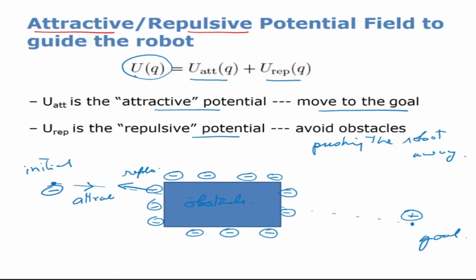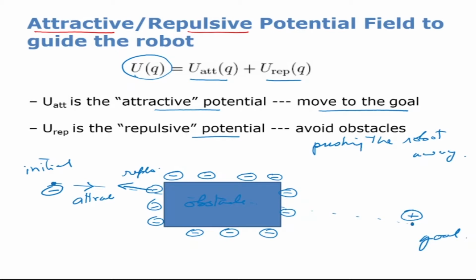If the attractive force is more, it will pull it towards the goal. Depending on the attractive and repulsive forces, the resultant of the 2 forces is the direction in which the robot is going to go. This is the basic idea of the potential field method, which is a guided search. The robot is being guided away from the obstacle and towards the goal.